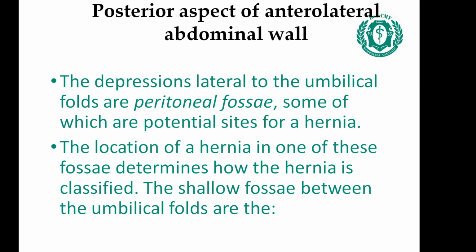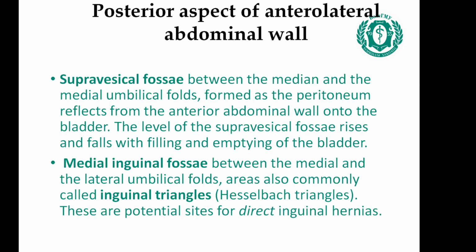The shallow fossae between the umbilical folds are the supravesical fossae, between the median and medial umbilical folds, formed as the peritoneum reflects from the anterior abdominal wall onto the bladder. The level of the supravesical fossa rises and falls with filling and emptying of the bladder.